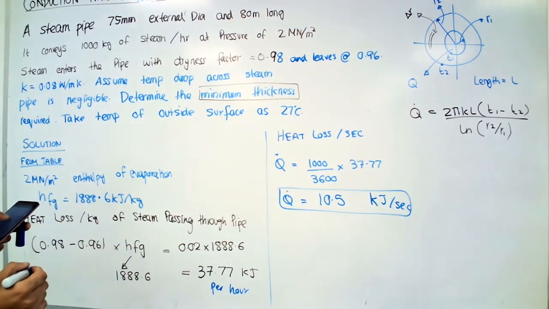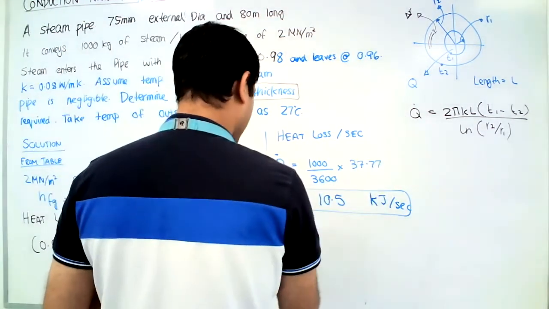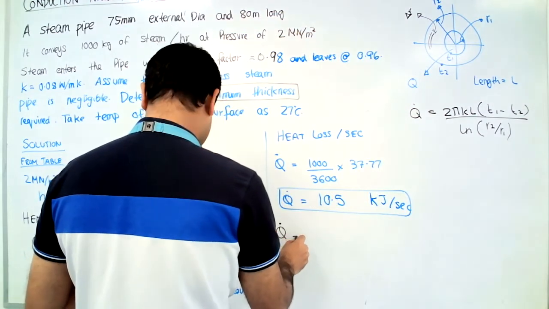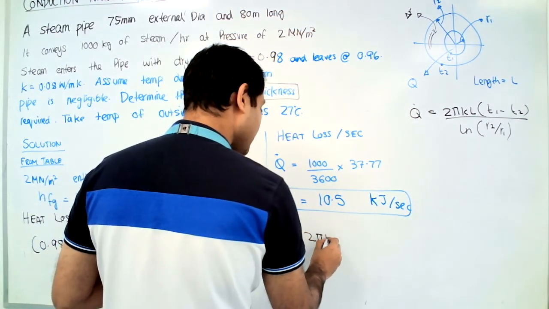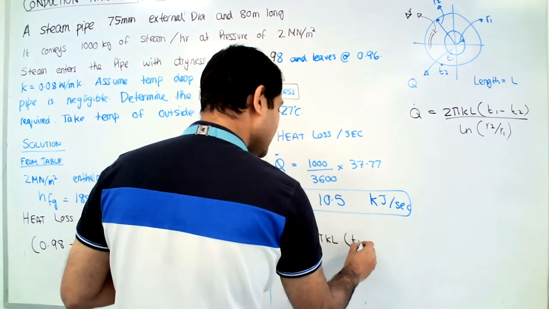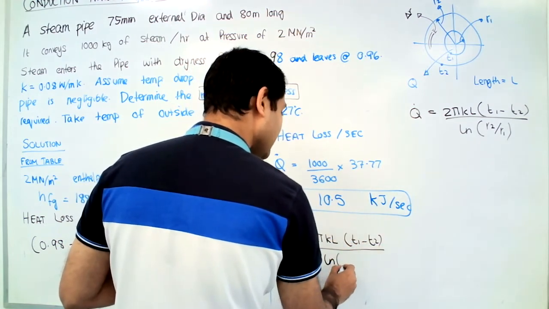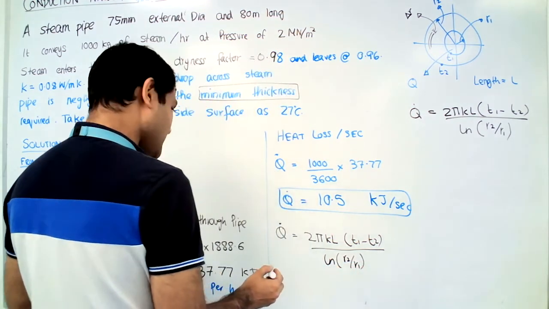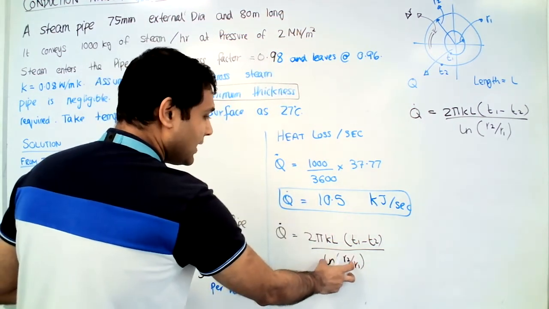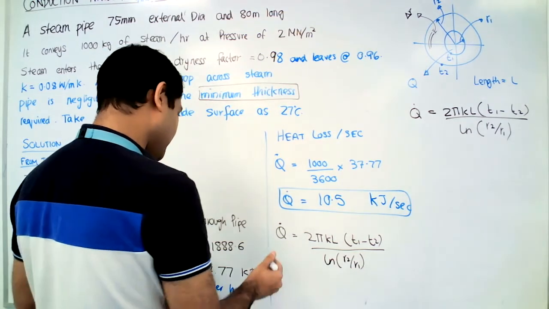Now the next bit is for the thickness. We need to find the thickness. Now we need to use that formula: 2 pi k L (T1 minus T2) over ln R2 over R1. Make ln R2 over R1 the subject, because that's what we need to find out.